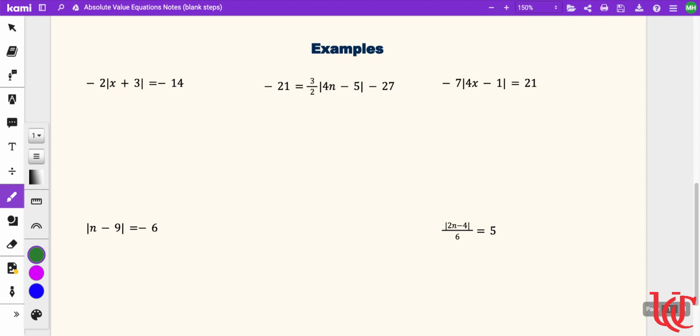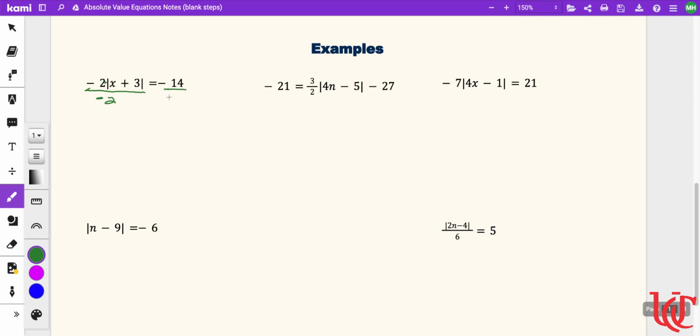The first thing that I want to do with this one is get that absolute value of x plus 3 all by itself. Just like with parentheses, I have a multiplication in between that negative 2 and that absolute value. However, I can't distribute that negative 2 in, so I have to undo the multiplication. So I'm going to divide by negative 2.